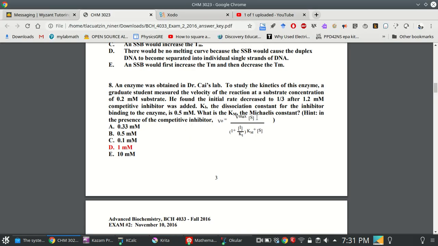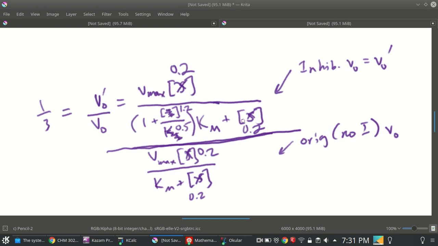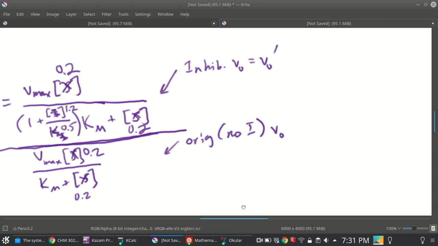What is the Km? Okay, so this is just now a math problem, all right? So this is a little gnarly because of the way I've drawn the ratio here. You can redraw it, and in fact, I will redraw it for you now so that it's easier to see. So this is equal to the top times the reciprocal of the bottom, right? This is like when you divide fractions in middle school. All this is the top: 1 plus 1.2 over 0.5.